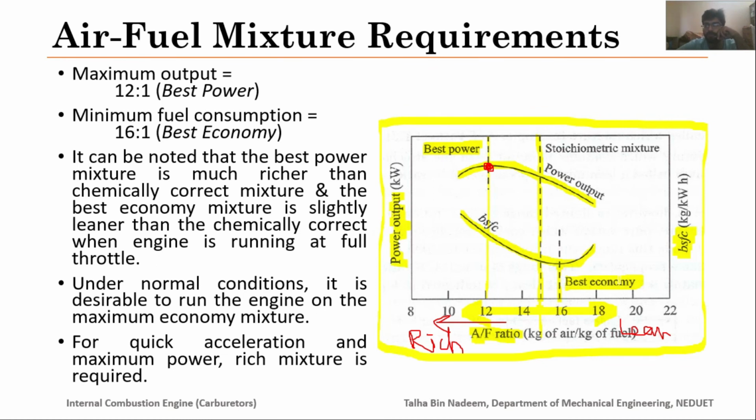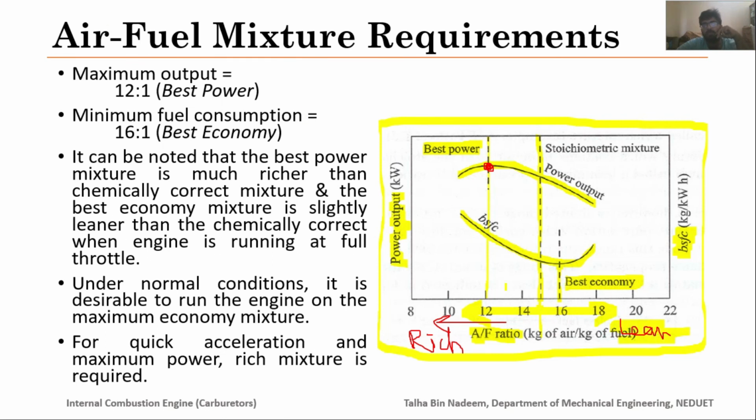So whenever you are running your engine under the normal conditions, it is desirable that you operate your IC engine with the best economy, or with the lowest brake specific fuel consumption, means less fuel is consumed to produce the work. So in order to obtain the best economy, we have to provide a lean mixture.